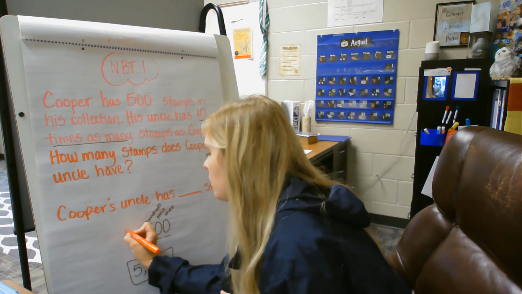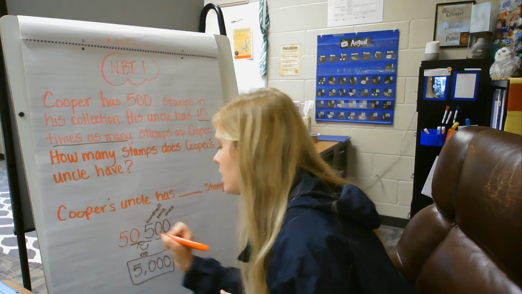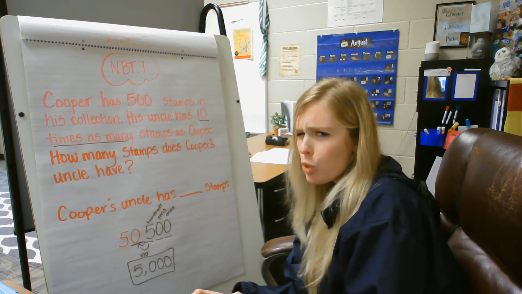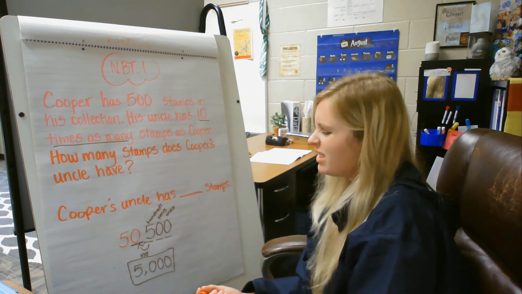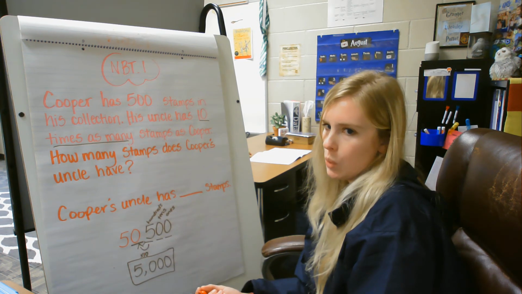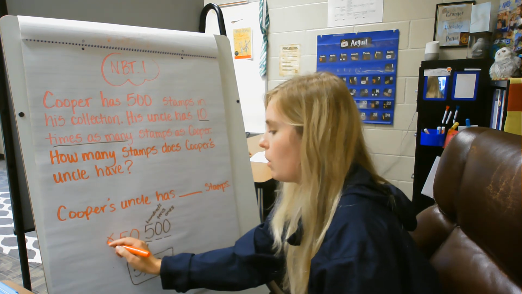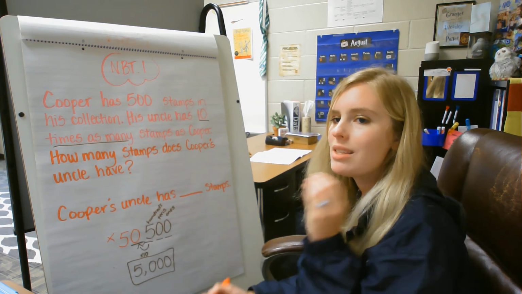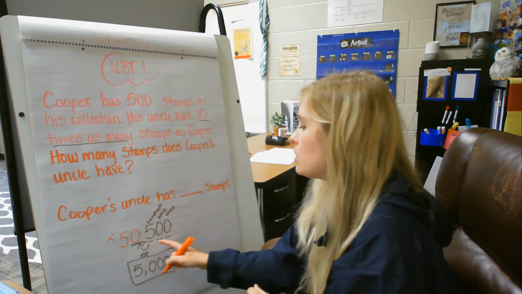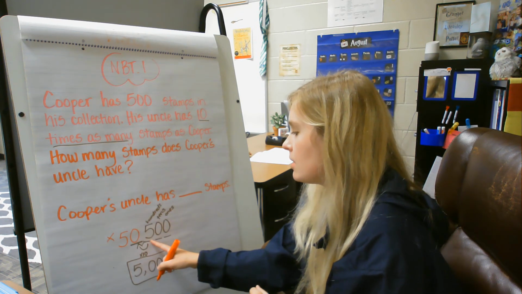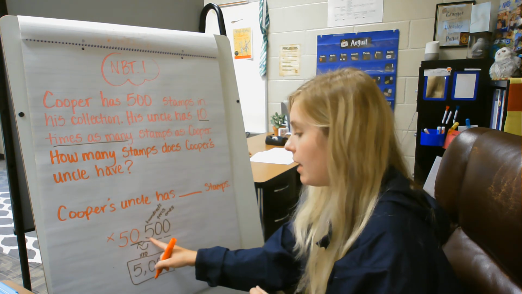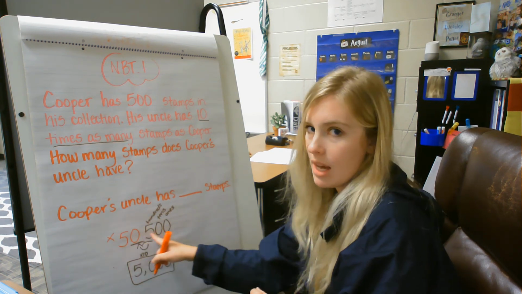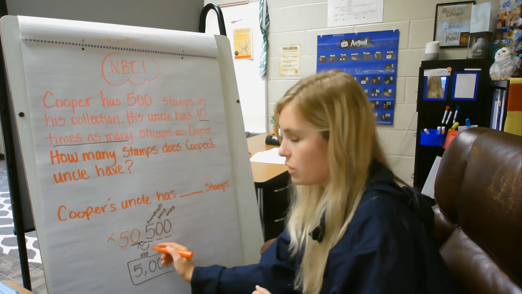Now, I'd be putting a 50 here. Does Cooper's uncle have 50,500 stamps? No. So I'm going to put an X here so you know that's not how we do this. We're not multiplying the actual number. It's the place value that you're multiplying. So 500 times 10 is 5,000. This is not 50,500. We're looking at just the place value.